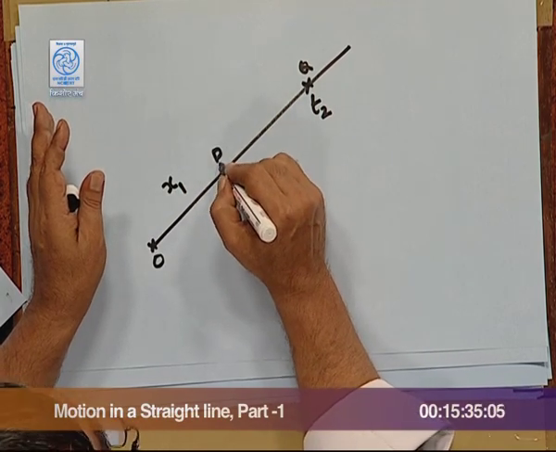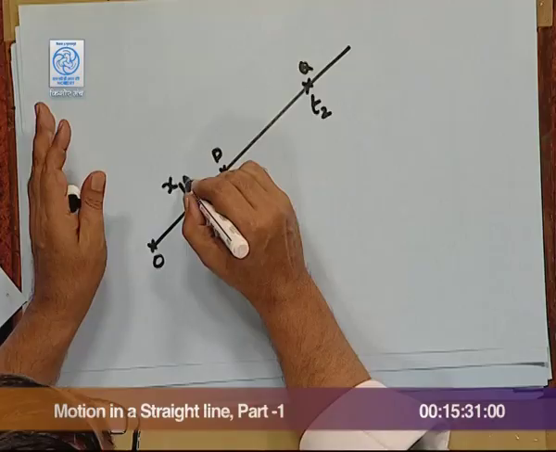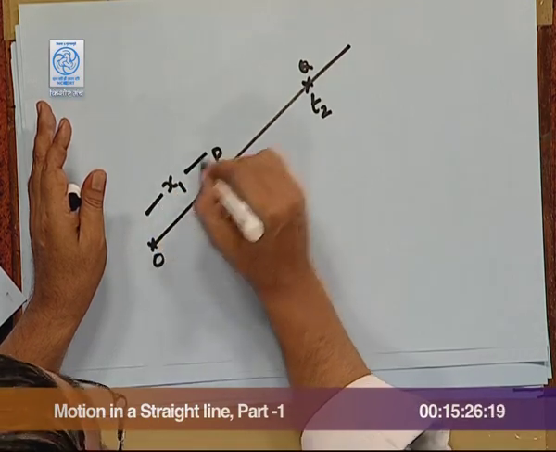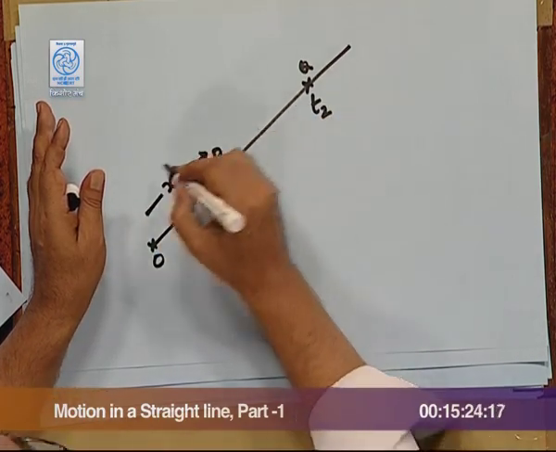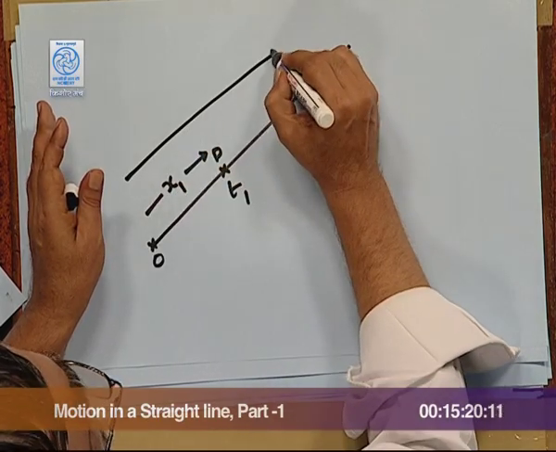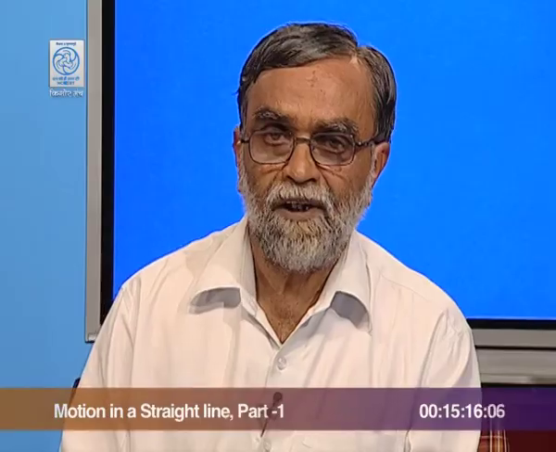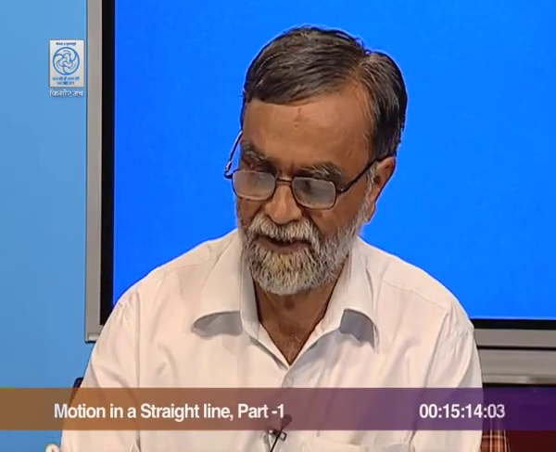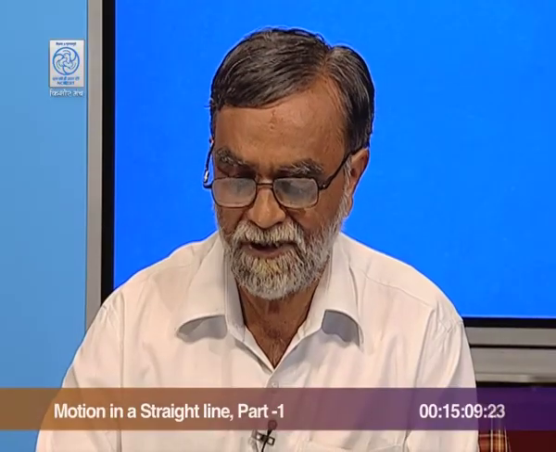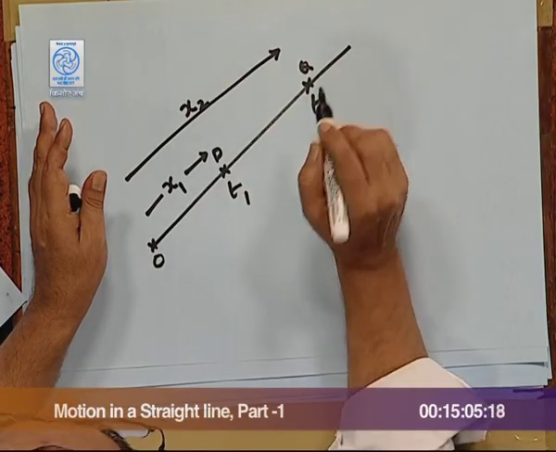The location of the point P with respect to the origin is uniquely represented by the quantity x1 in this direction. Similarly, position of Q is given by its position coordinate, which is x2. When position goes on changing with time, say in the interval from t1 to t2, the object's position has changed from position x1 to x2.